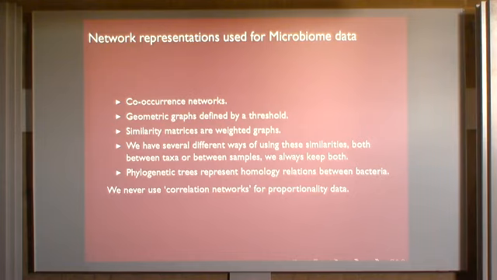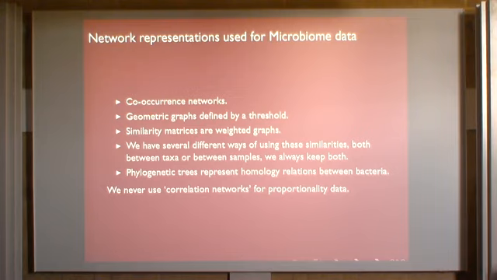And we also have the notion that many of the ecology methods are based on similarities. And these similarities can be considered to be weighted graphs. We manipulate them as matrices, but then afterwards the representations are often as networks or graphs.